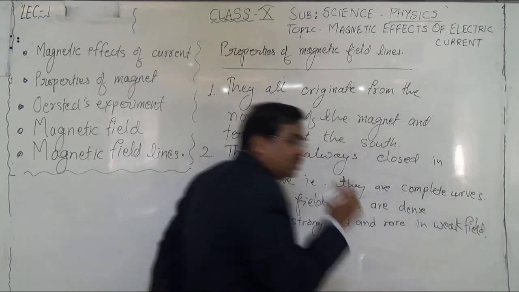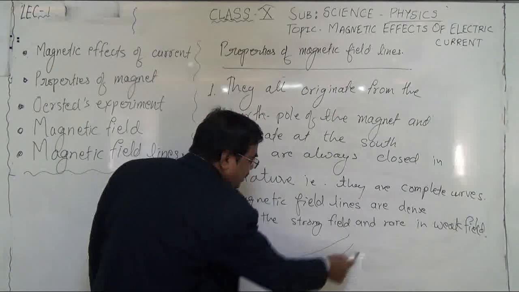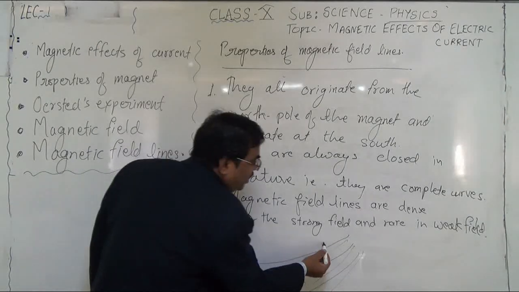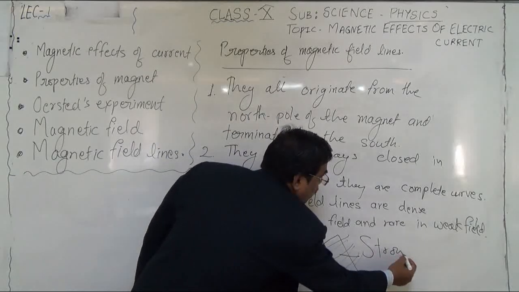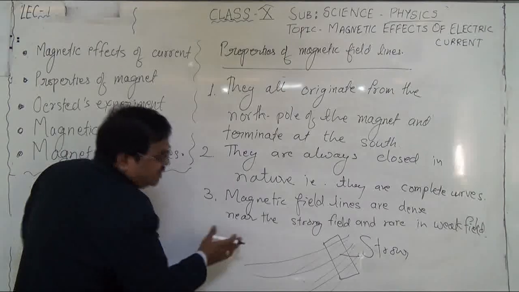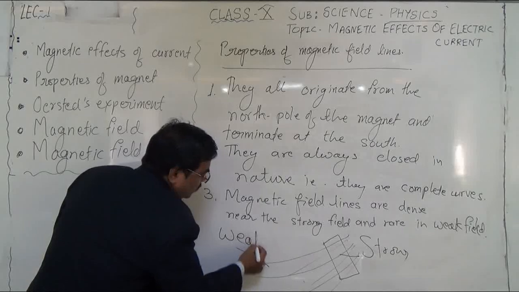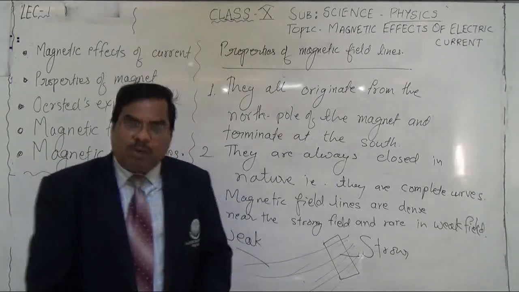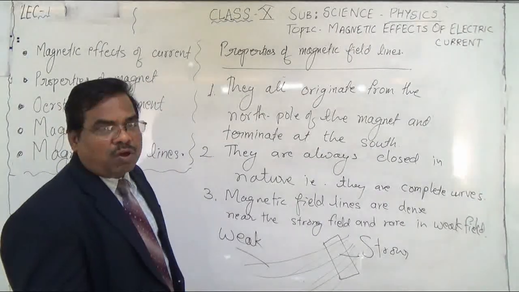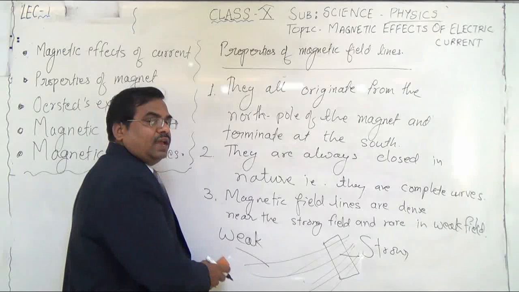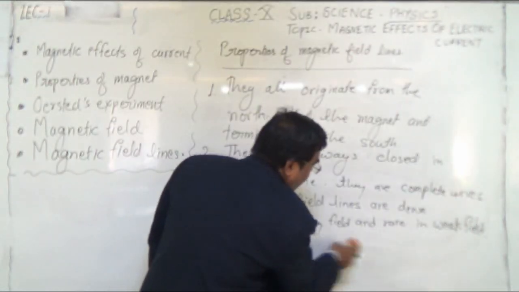I am talking about the magnetic field. So if the magnetic lines are like this, wherever they are dense, this region is strong, and wherever they are scattered, that region is weak. So by looking at the shape of the magnetic field, you can tell which is the strong area and which is the weak area in the magnetic field. So field lines are that important.